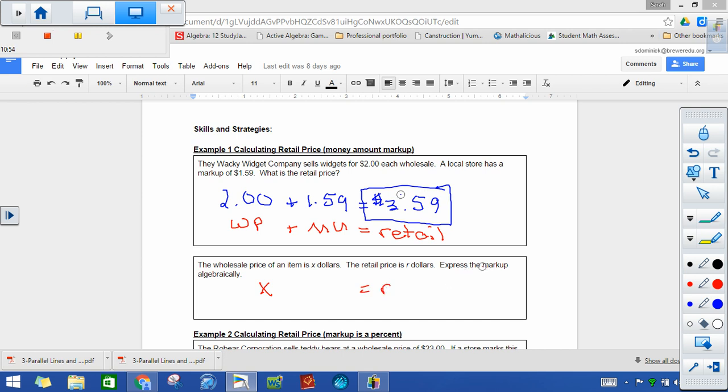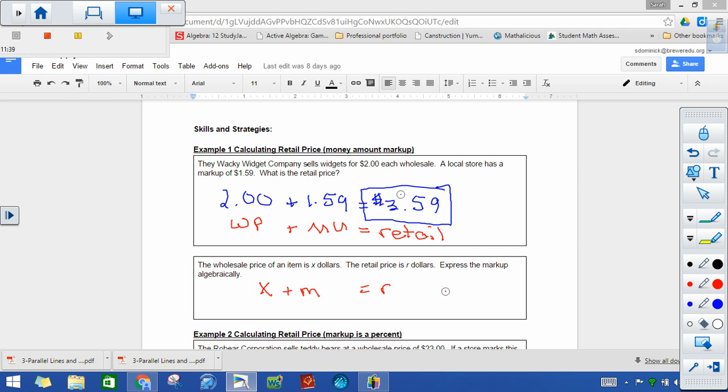Express the markup algebraically. Okay, well, my markup I had to add here, right? So they want us to express the markup. How would I have gotten just the markup with these two numbers, the $2 and the $3.59? How would you have found the markup? You can either do this algebraically, subtract x from both sides and see what m equals. Or if you think up here in terms of numbers, if they told me that the retail price was $3.59 and the store originally bought the product for $2, I would have to subtract the $2 from the $3.59 to get the markup, to get what the store did to the price to make a profit.